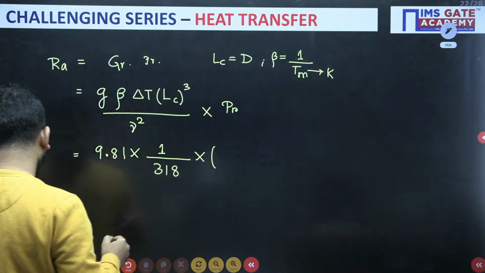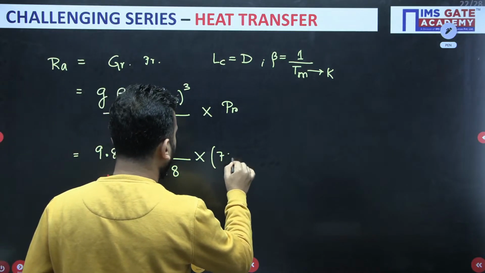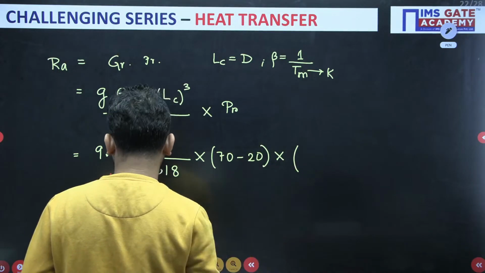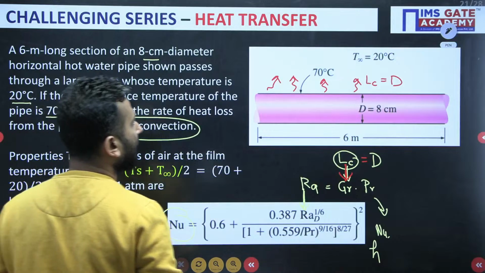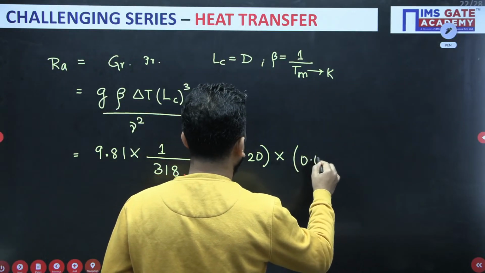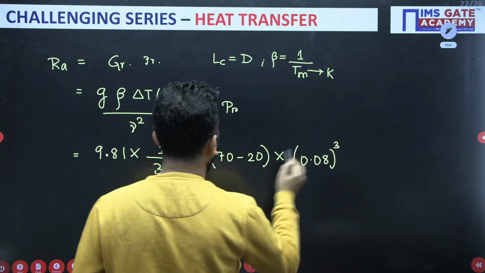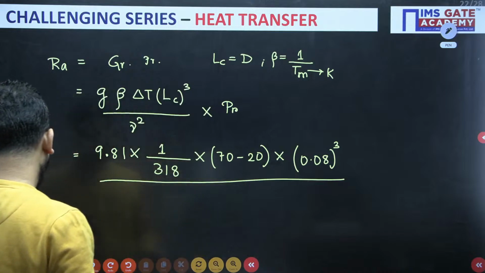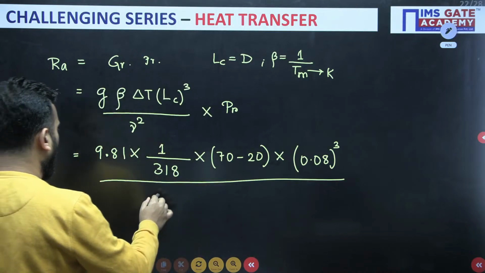What is delta T? 70 minus 20. LC cube is the diameter. Diameter is 8 centimeter, so 0.08 cube. And what is nu square? Nu is also given.